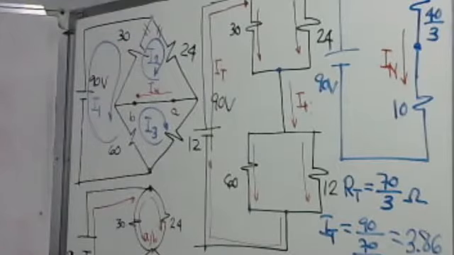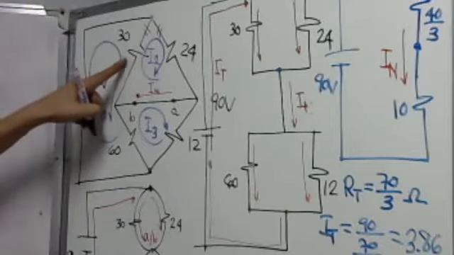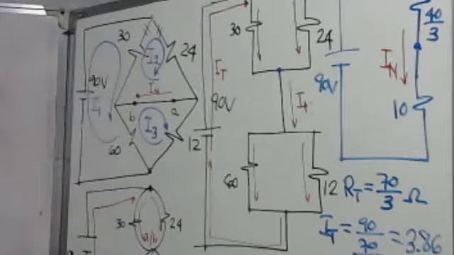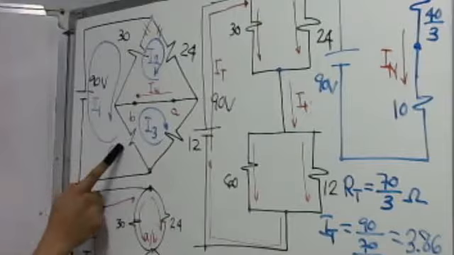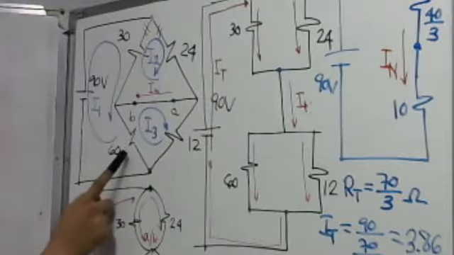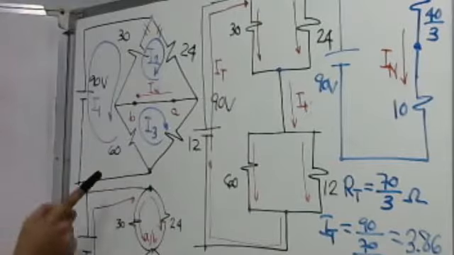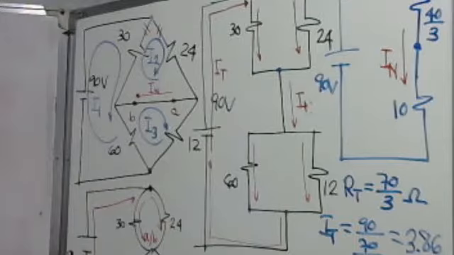And then we have to add the 30, so that is plus 30 multiplied by I sub 2. And then plus, because this is a common resistor, we have 60 multiplied by I sub 3. That is equal to 0.